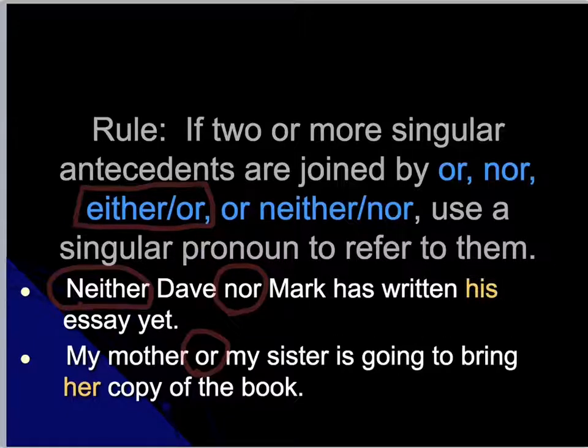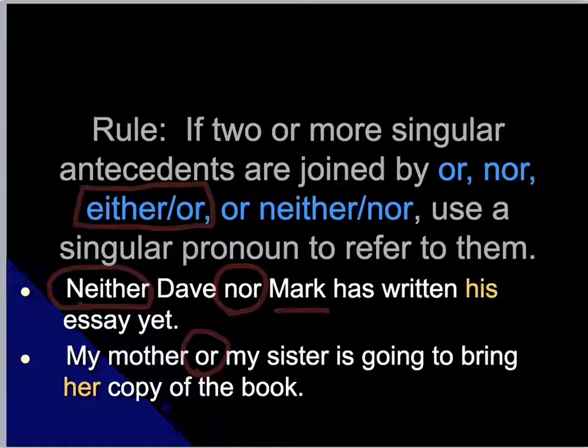What we do in the case of a neither-nor or either-or combination is we will look at the antecedent that is closest to the pronoun, as in Mark has written his essay yet.